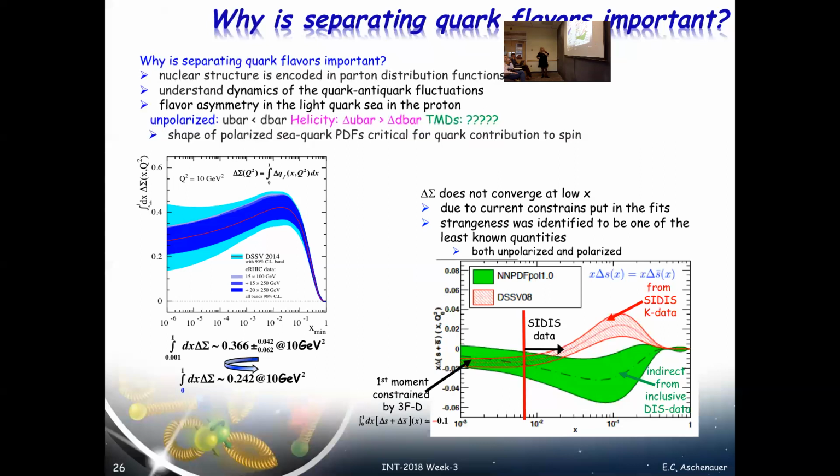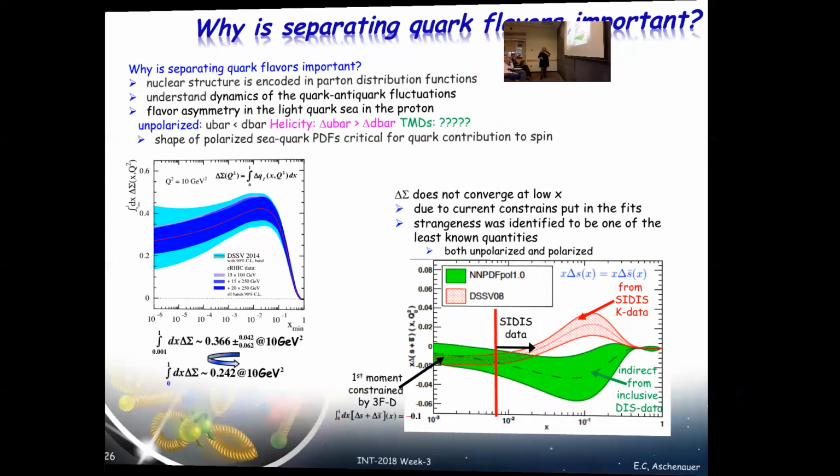And the CDS, where you have data in the region, you get a slightly positive strangeness distribution for polarization. And in 2 sigma, everything is consistent, but it is a question how the low X behavior goes.